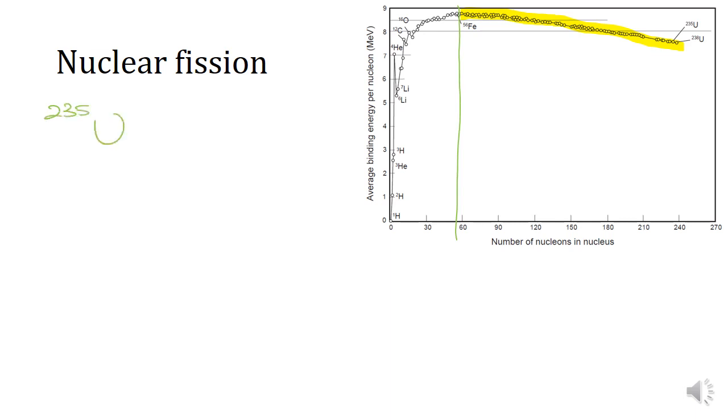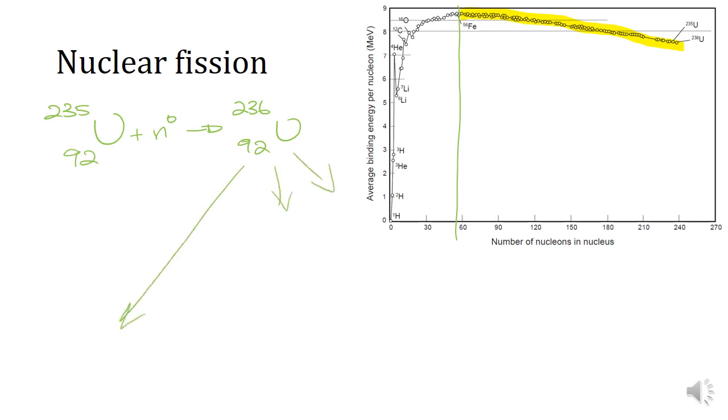235 uranium. So your first step is going to be finding the atomic number, which is 92. Then what happens? We add a neutron. That's part of the process. And we end up with this 236 92 uranium. Now, when that's breaking down, it can break down in a variety of different ways.